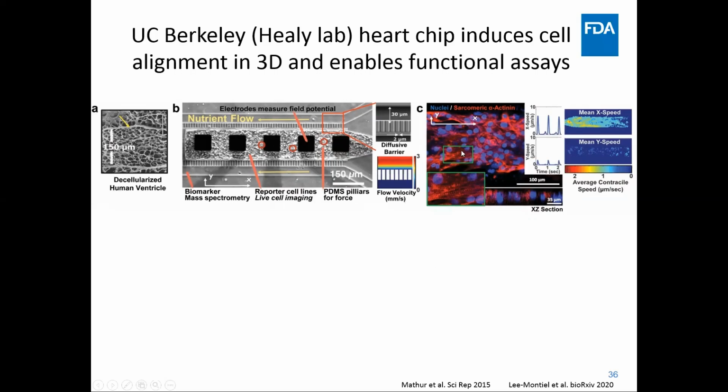As you can see in this slide, these systems try to emulate the dimensions of the human ventricle. They align cells and align the contractile structure, and it's possible to get contractile readouts from these systems, as well as other readouts, such as action potential duration and calcium flow. Very similar to what I just showed.